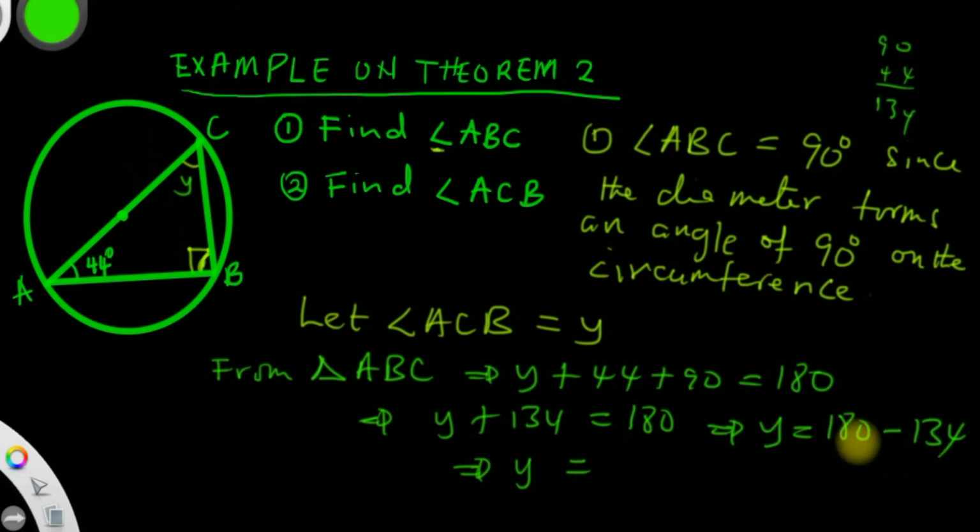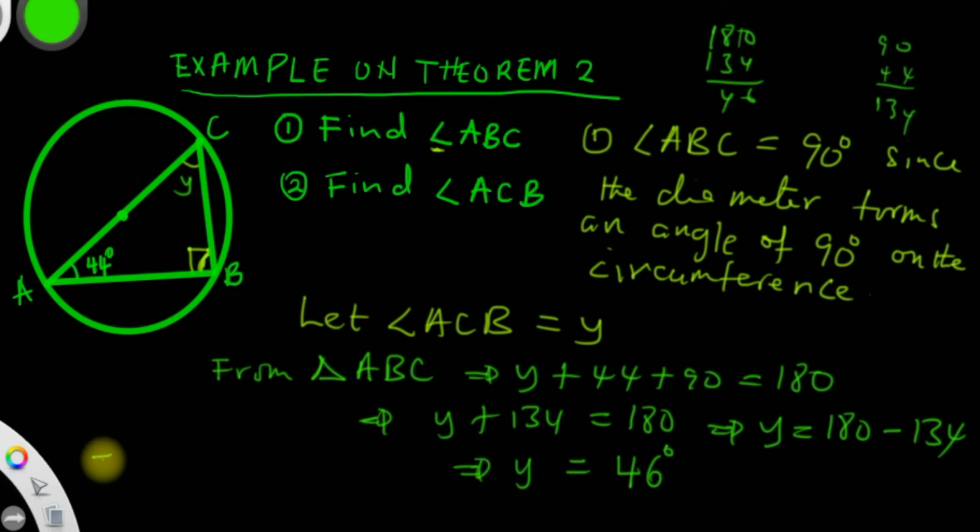If it were 180 minus 130, the answer would have been 50 degrees. So 50 minus 4, we get 46. So y will be equal to 46 degrees. I hope it is correct. So 180 minus 134 is 46 degrees. So it means that y is equal to 46 degrees.